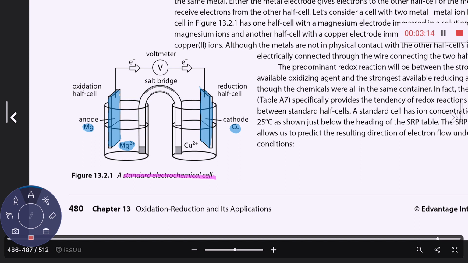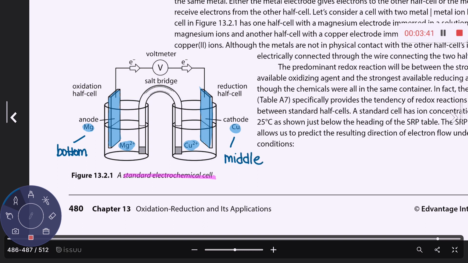And then you're looking for the copper metal with a copper 2 ion half reaction. Okay, so tell me, which one is at the top and which one is at the bottom? Magnesium's at the bottom. Copper's in the middle of the table.